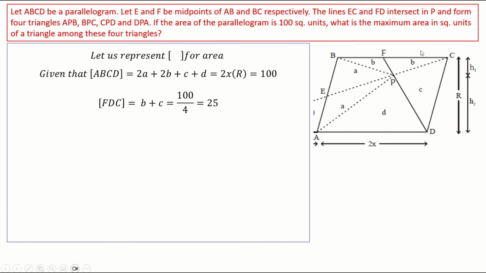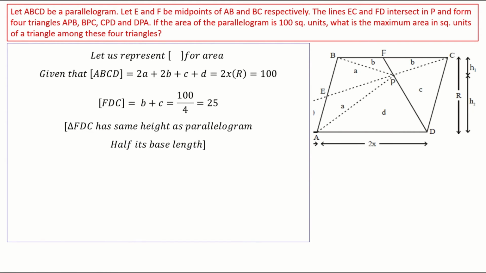Because it has the same height as the parallelogram, and FC, that base, is 1/2. So already triangle area is half into base into height, so base is already half. So you will get 1/4 of the parallelogram area. That is 25, B plus C is 25. Okay. FD is the same height as the parallelogram, that's fine, half its base length. Now EBC.